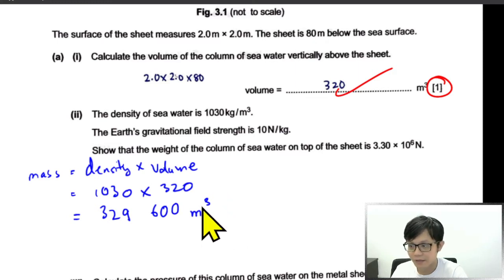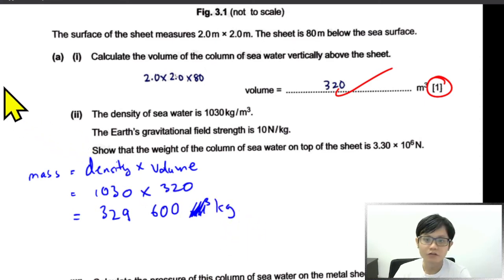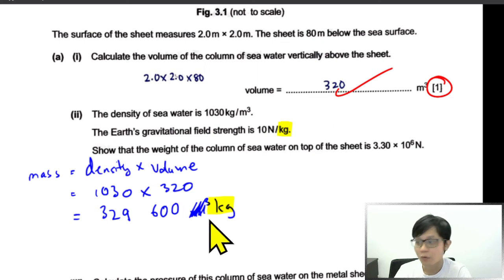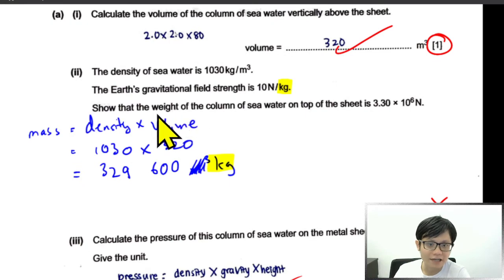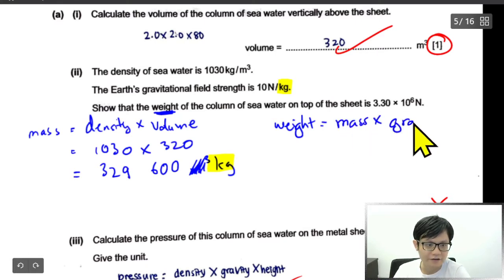The unit will be kg, for mass. So I just write here kg. So what I need to do next is, the question asked about weight. I thought it's talking about pressure, but okay, so for weight, what is the formula? Weight equals mass times gravity, correct or not?